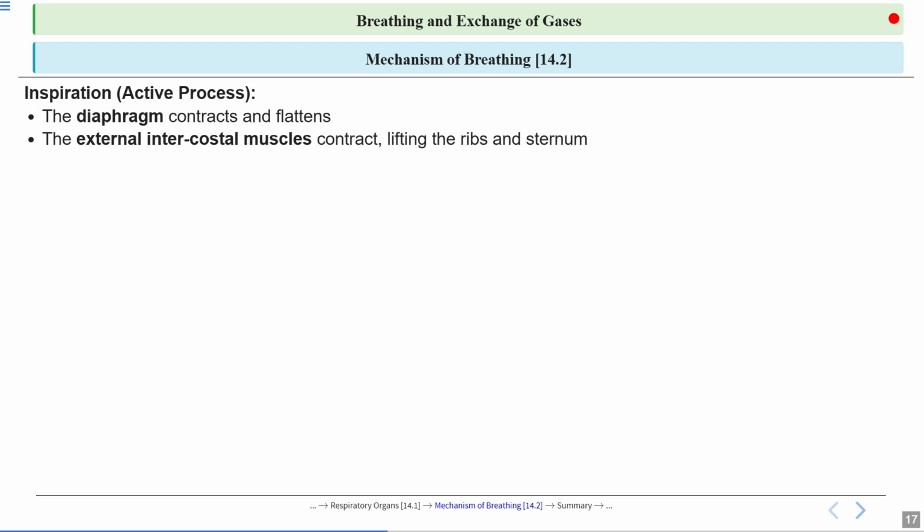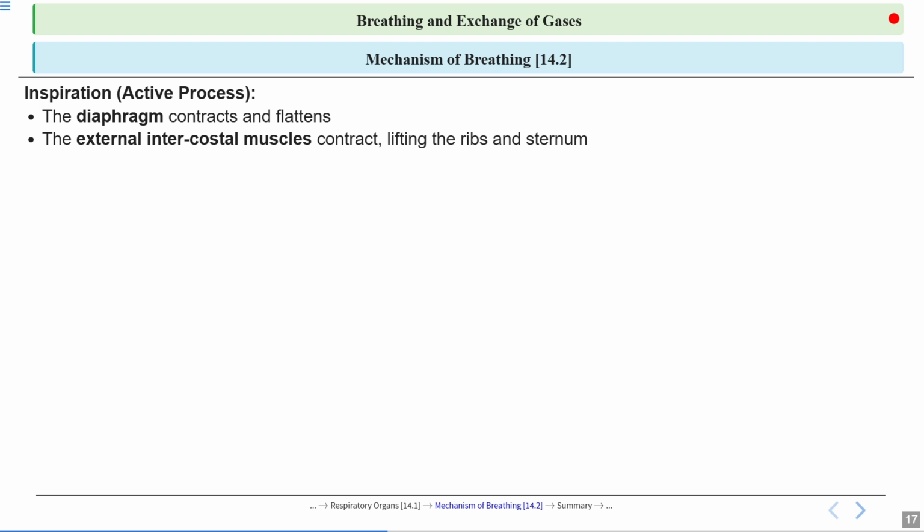So what are intercostal muscles? Intercostal muscles are present between the ribs. Clear? One type of intercostal muscle is the external intercostal muscle. There are internal intercostal muscles also, but here external intercostal muscles play a role.